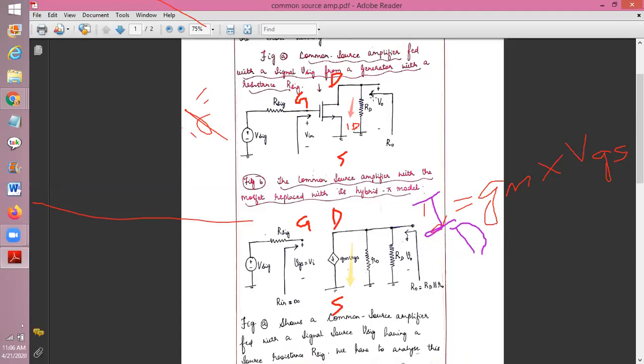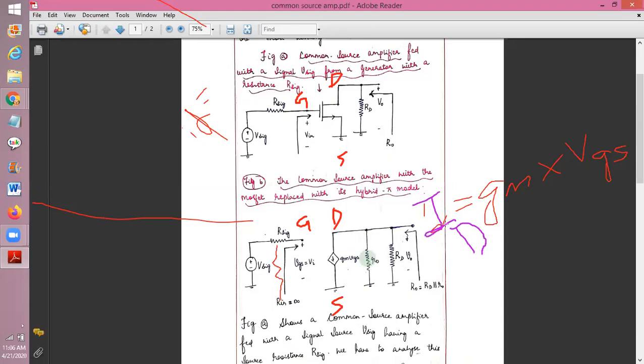And which is this resistance? RD. I am showing the resistance RD as it is. But what is this R0? Very, very important. This R0 is the resistance if the device undergoes channel length modulation. For the time being, remember, with channel length modulation there is R0; without channel length modulation R0 is infinity.